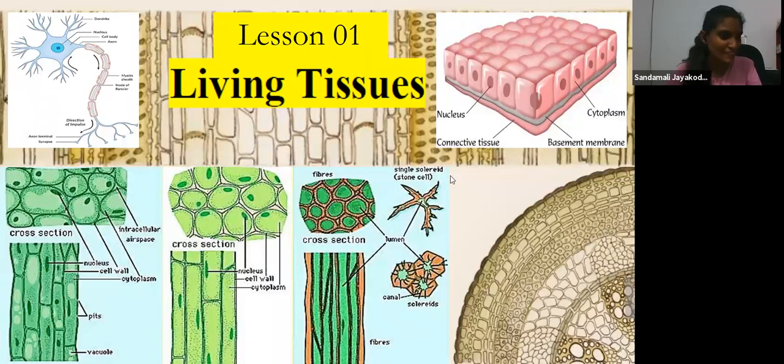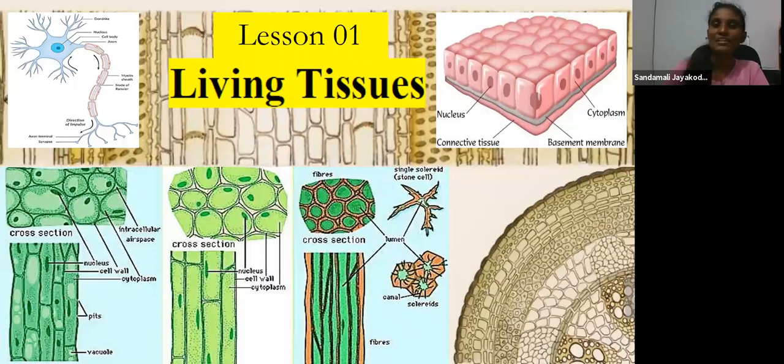Minindu, there was a problem with the control. So now we are back in the class. We were about to discuss the living beings. Due to the delay, I'm moving to the lesson. Today's lesson is living tissues. We are going to learn about tissues. All the living beings are divided into three main groups: plants, animals, and microorganisms.